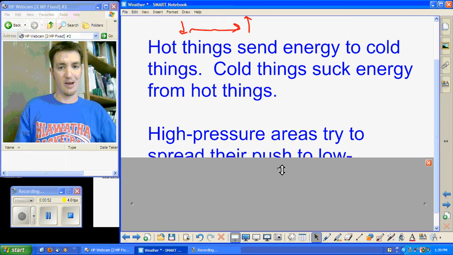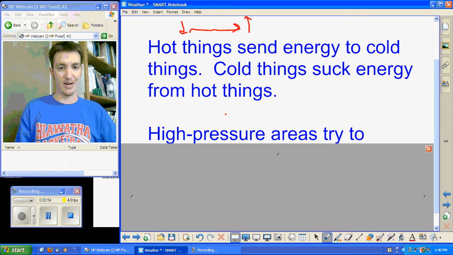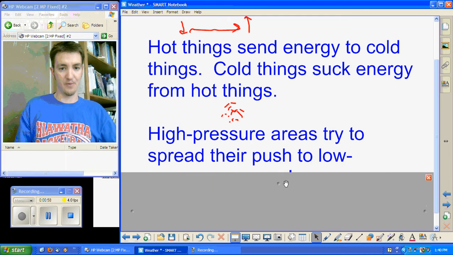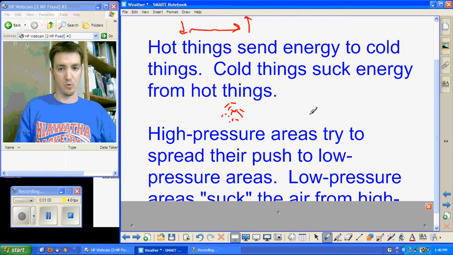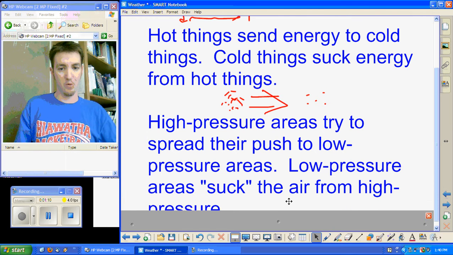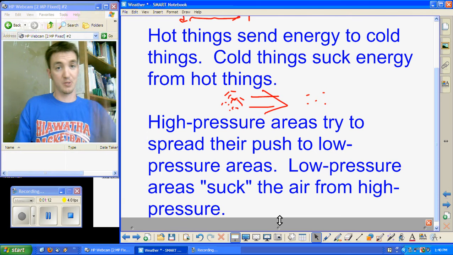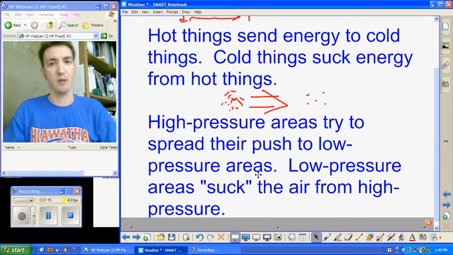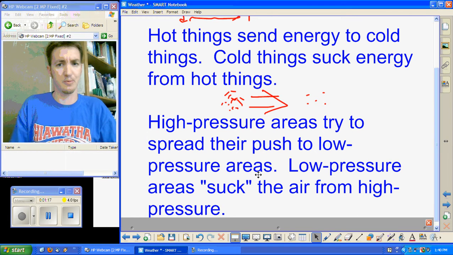Looking at pressure. If you have high pressure, that means there's a whole lot of gas in this area, and it's going to try and even it out by pushing over toward a low pressure area. So the push is going to be in this direction. At the same time, if you have a low pressure area, that's the place that sucks. Sucking doesn't really happen. It's not real. All that happens is that it's the other end of the push.